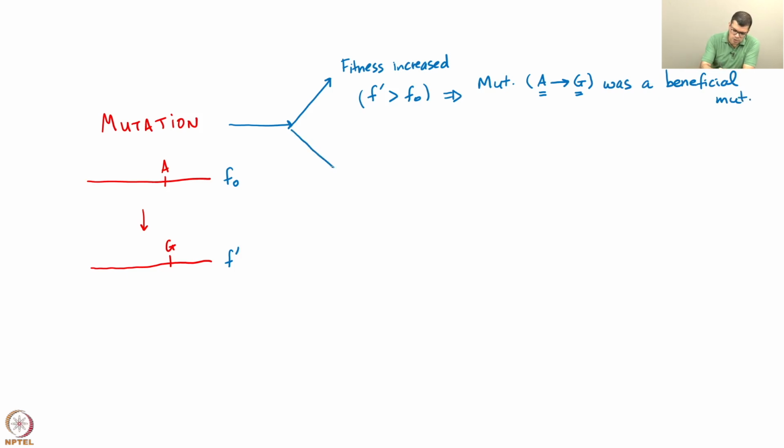Alternatively, what could also happen is that fitness of the mutant progeny decreased as compared to the ancestor. In this case, F dash is less than F naught, and we say that the same mutation was a deleterious mutation.